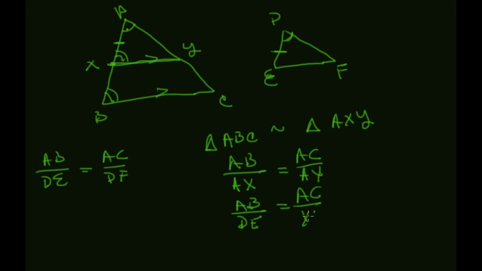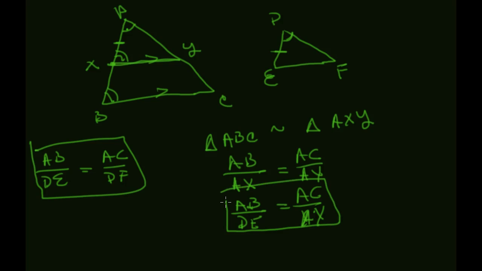Now, if you think about this long and hard, and I look at this statement, which is something that I was given, and I look at this statement, well, if they're both true, then the only thing that's different in these two statements is the DF and the AY, which means that DF has to be the same size as AY, which means I now have that triangle AXY is in fact congruent to triangle DEF.